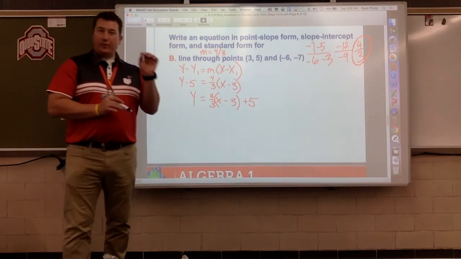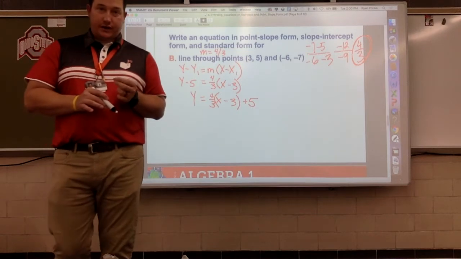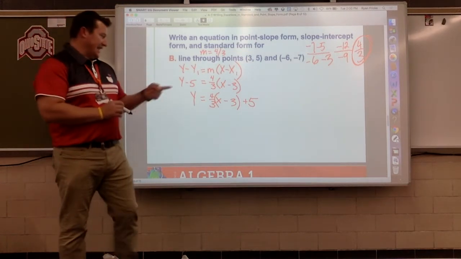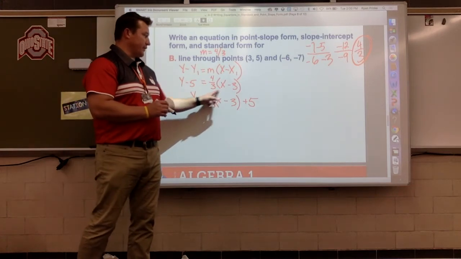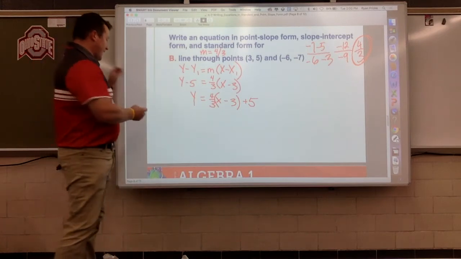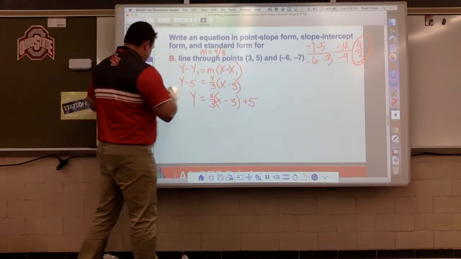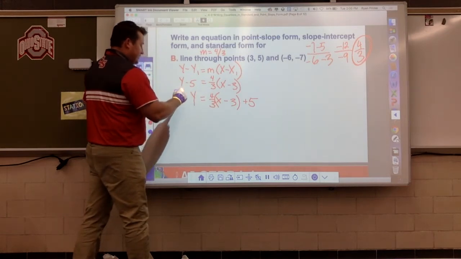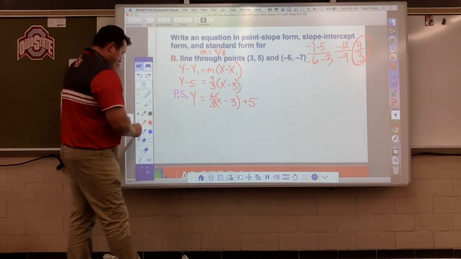You'll find point slope is very similar looking to slope intercept. Right? If I were to distribute 4/3 in here, guys, I think some interesting things would happen. So let's do that, okay? So here is one of my answers, okay? So this is point slope, okay?